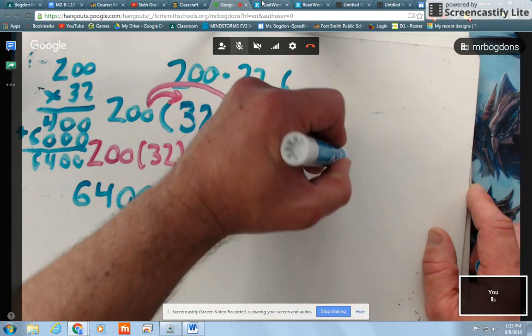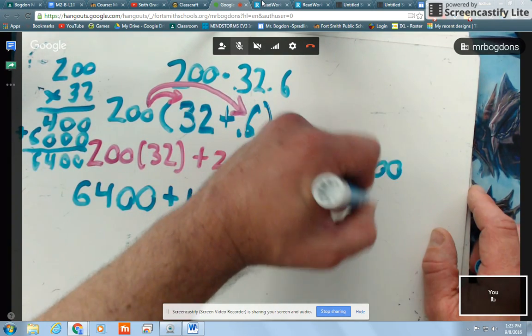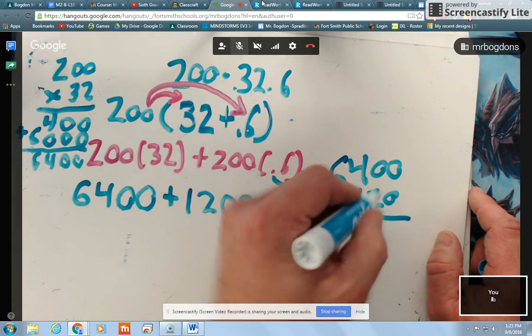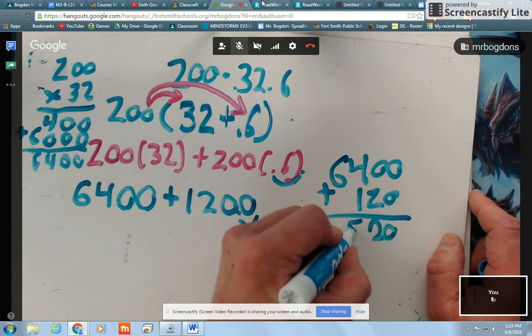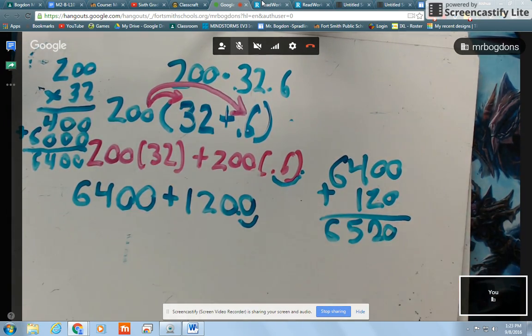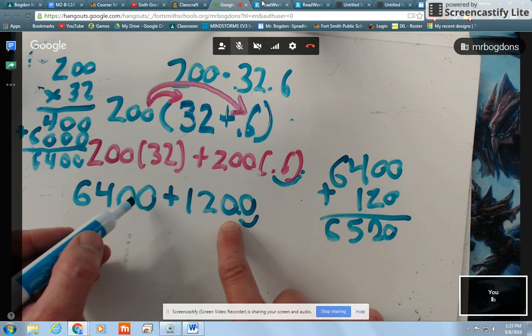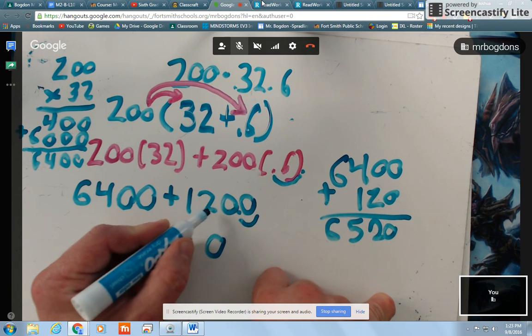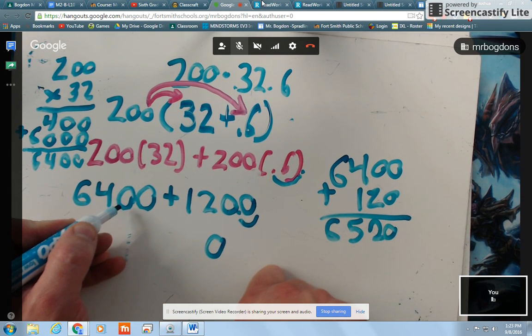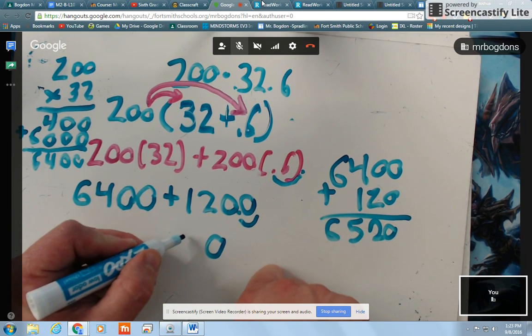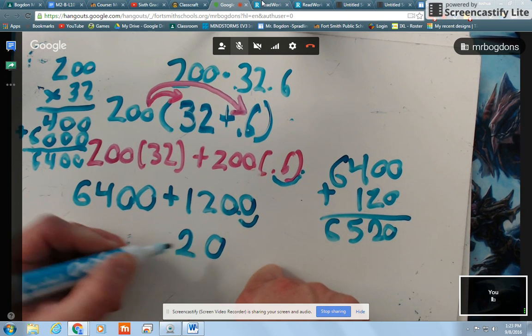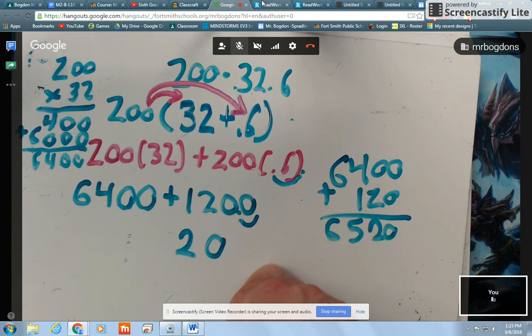I could stack them like this, and add, and carry, and do all that. Or I can just look at my place value. What is 0 plus 0 in my ones? 2 tens plus 0 tens. 2 tens. Oh my goodness, people. I just asked 2 plus 0, and no one said the right answer. Wake up.